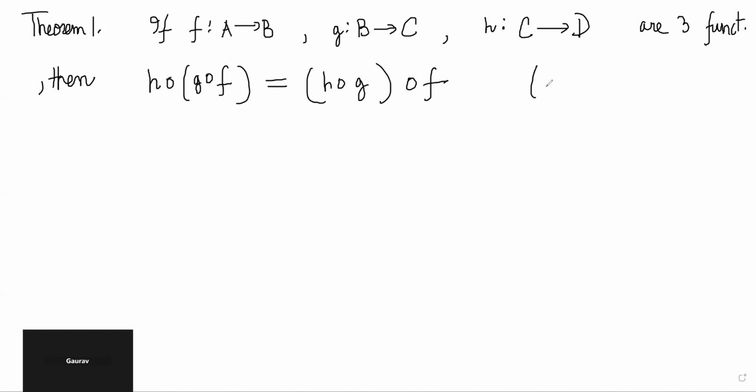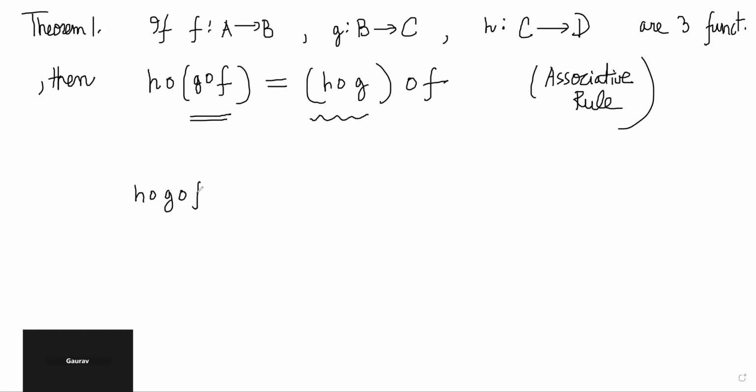So basically, this is like the associative property. You can put the bracket here and find the overall composition, or you could put the bracket here and find the overall composition, as long as you don't change the order. You cannot say that HOGOF is same as HOFOG.